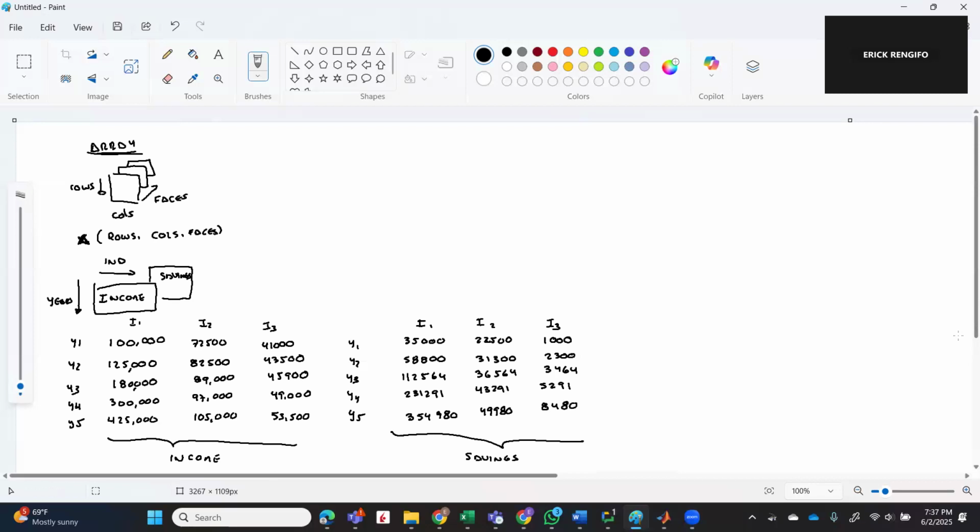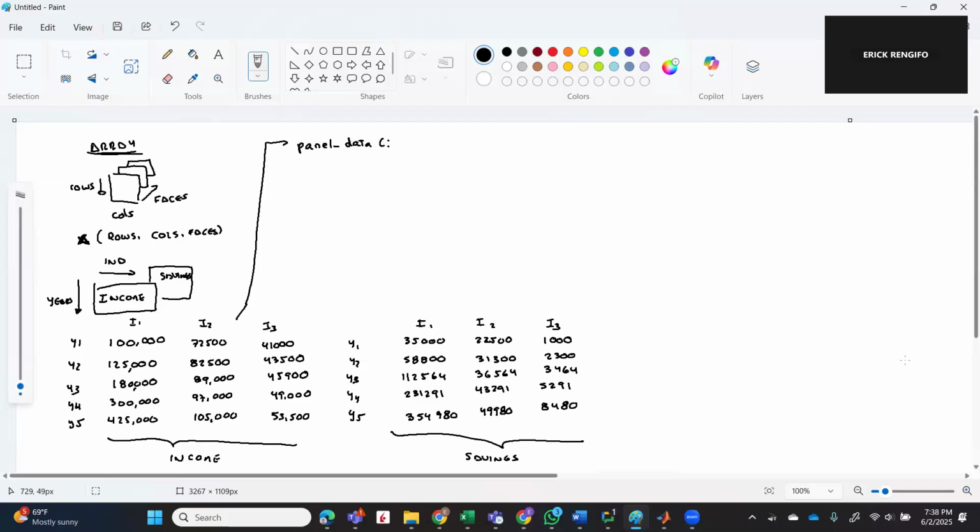Okay, so create these matrices. Sorry, this is going to be an array. So how do you put this one here? Let's call the name of the matrix panel data.